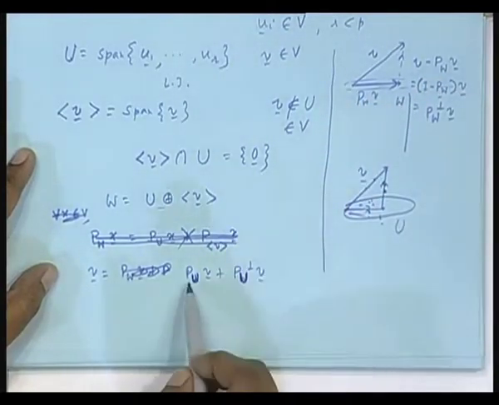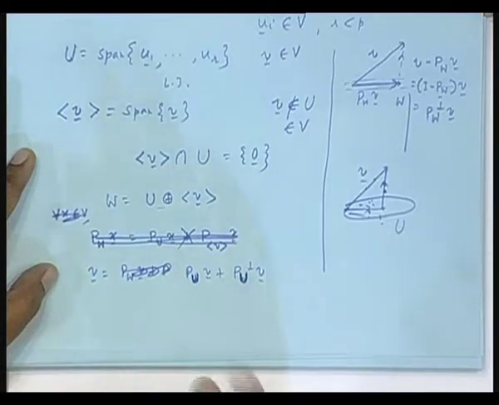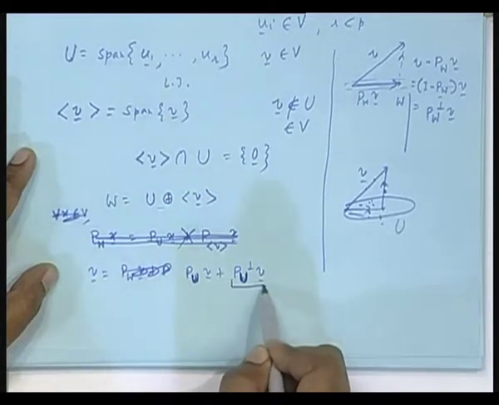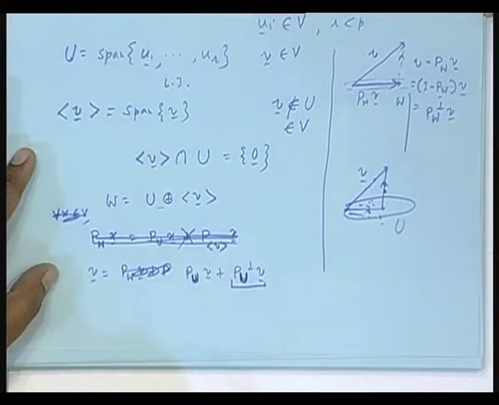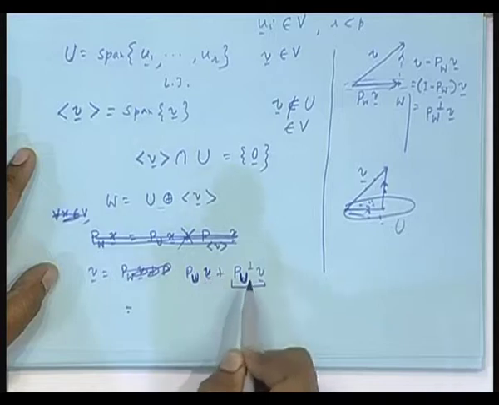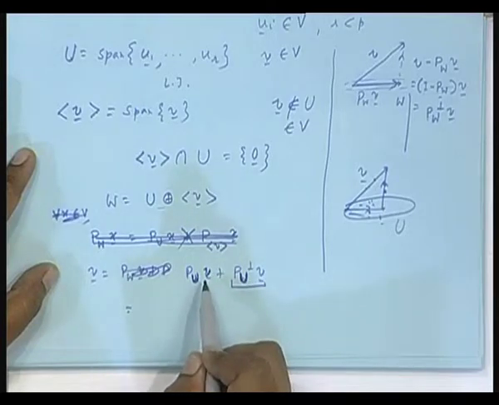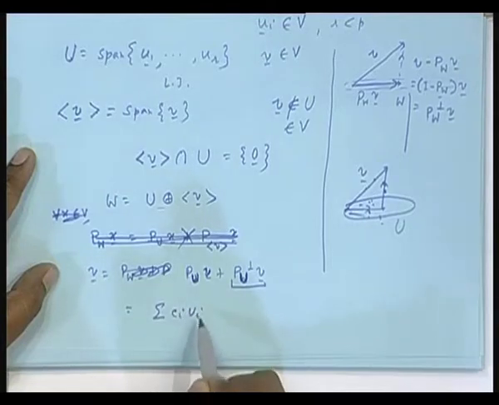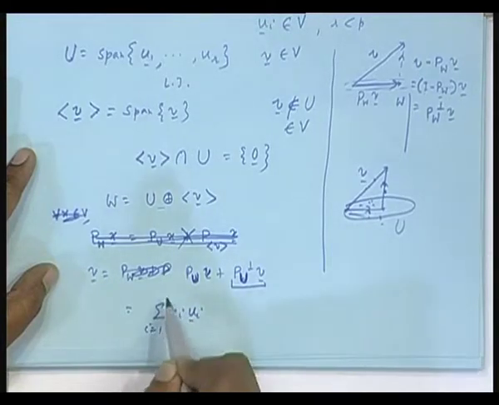Here it is U: P U V plus P U perpendicular V, fine. Now, I want to retain this quantity P U perpendicular V as it is. And P U V is some linear combination, say some c i times u i vectors, i equal to 1 to r.